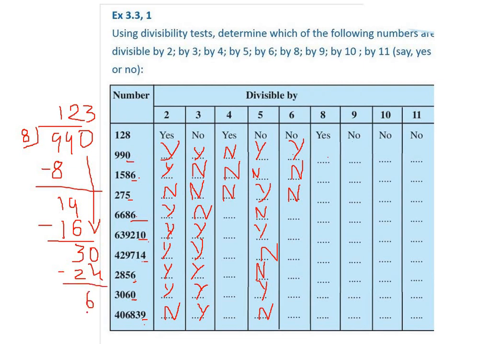That means we are not getting remainder 0, so 990 is not divisible by 8, so we write no here.